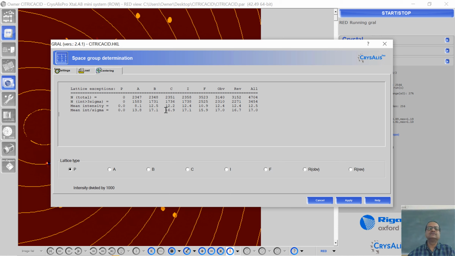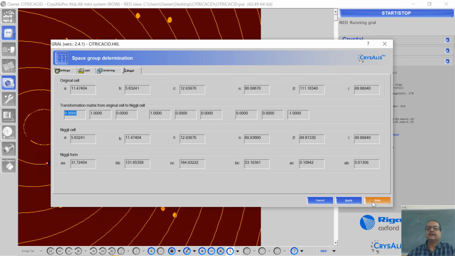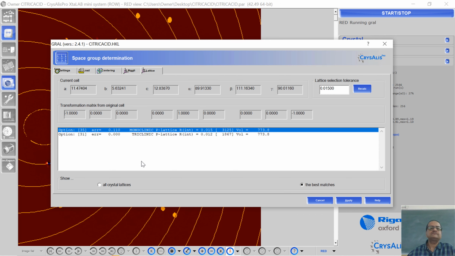When it is not close to 0, then it is not a C lattice. So here it indicates that by default it is a primitive lattice. There is no systematic absence condition satisfied. Then you apply the conditions.